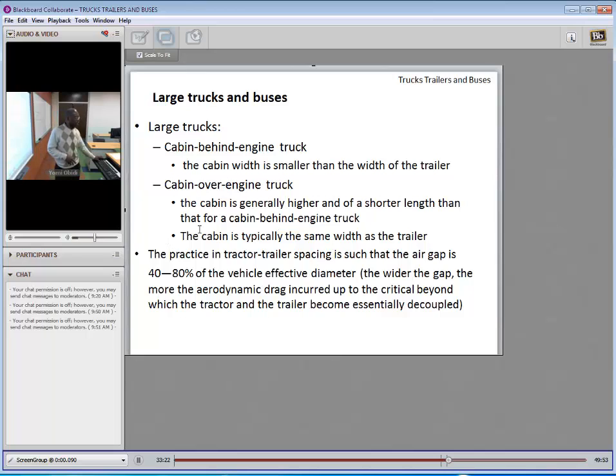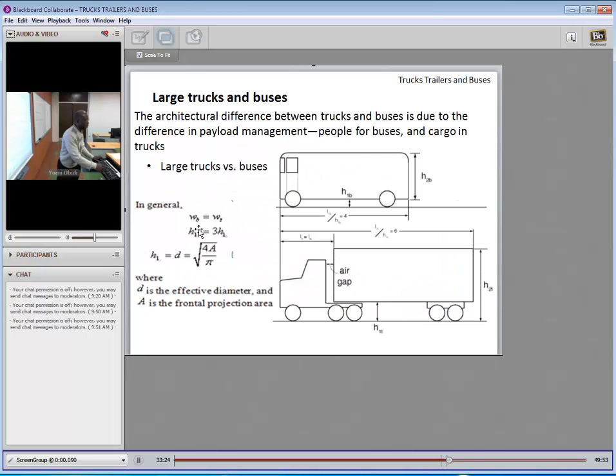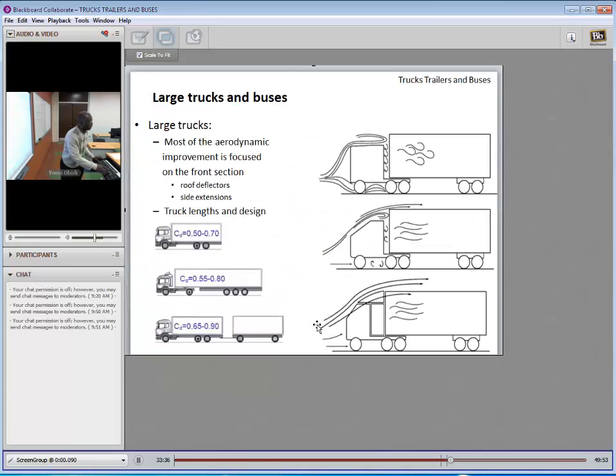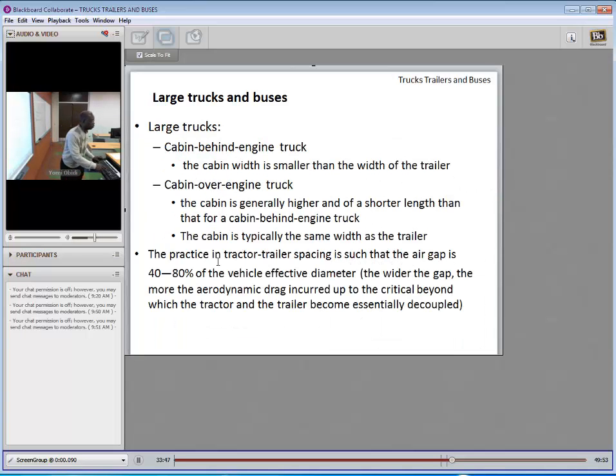This is an example of the cabin behind engine truck. The engine is right here, and here's the cabin. So that's an example of a cabin behind engine truck. And this is an example of cabin over engine truck. The engine is here, and the cabin is right on top of it. So those are the 2 main types of large truck design.